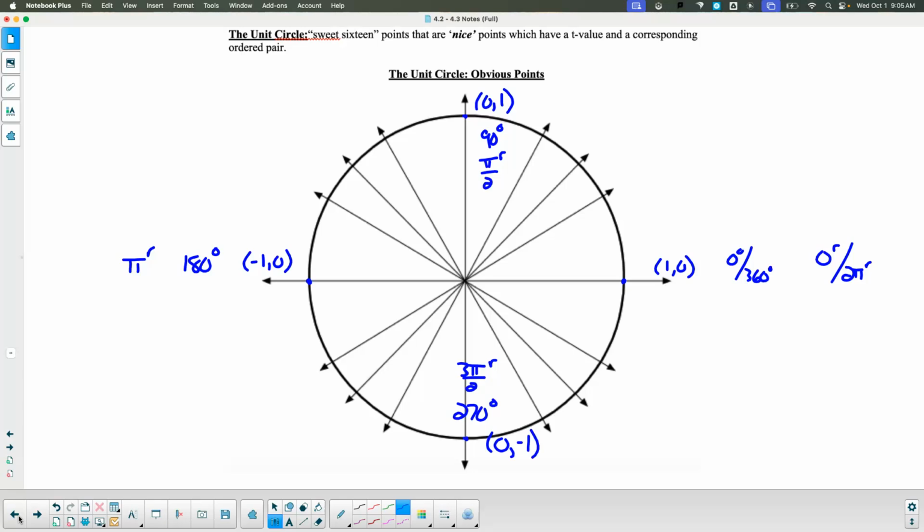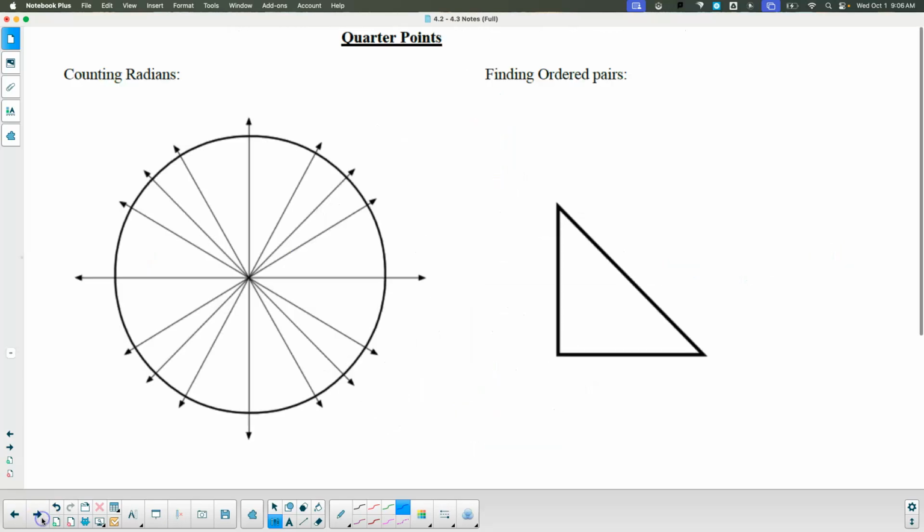Okay? So let's go half of the half of the half to get our quarter point. So all the way around, half of it would put us over here. Half of that would put us over here. Half of that puts us right there.